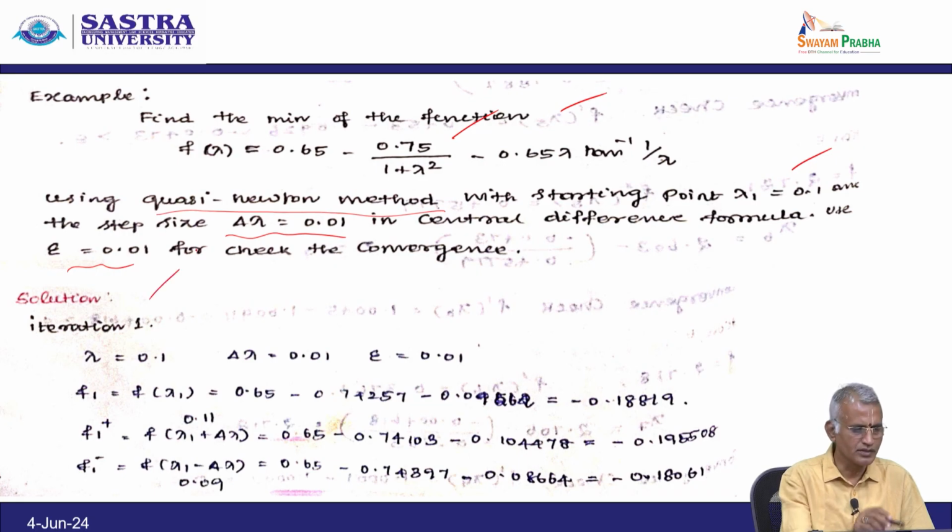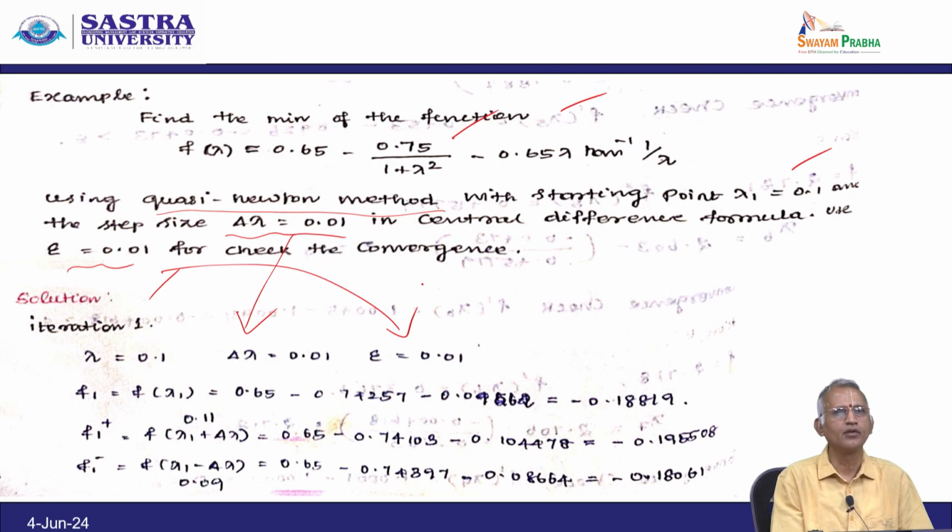So, the solution is iteration 1. Here lambda 1 equals 0.1, delta lambda is equal to 0.01, and epsilon is 0.01.